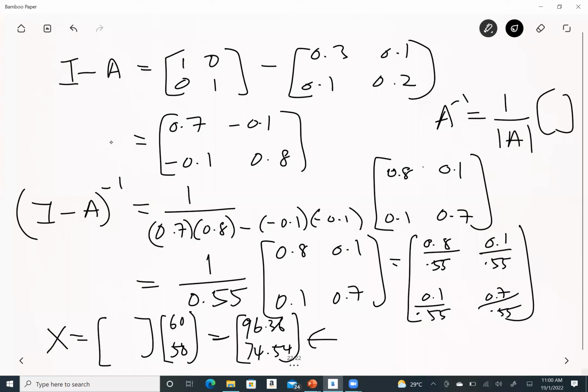Now, what does the value mean? It means that this is the total output that you need to produce from each sector or industry to satisfy the demand. The demand here means the usage by other industries plus the surplus, the excess demand.